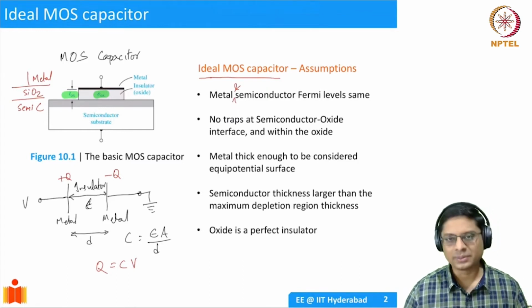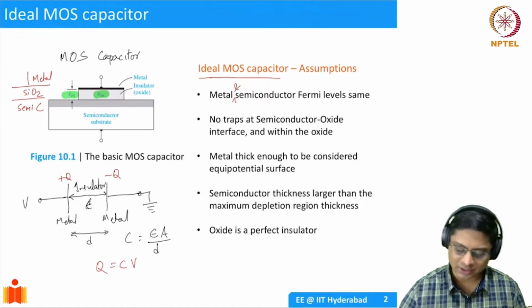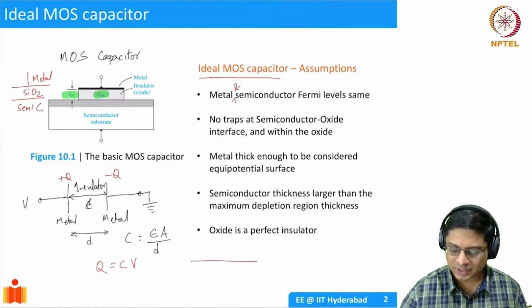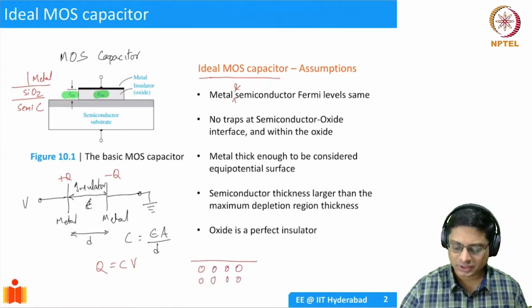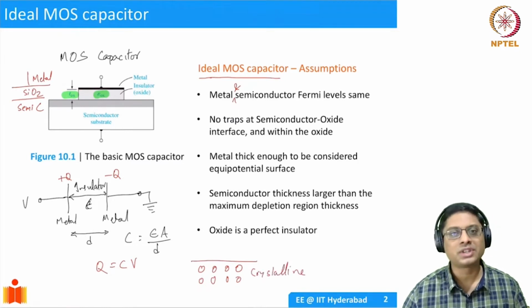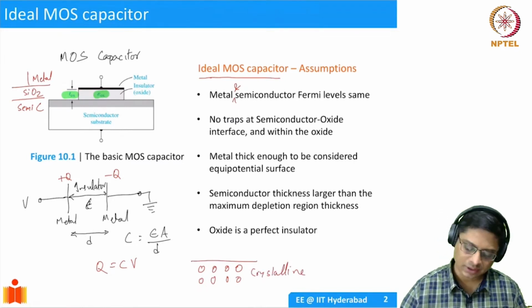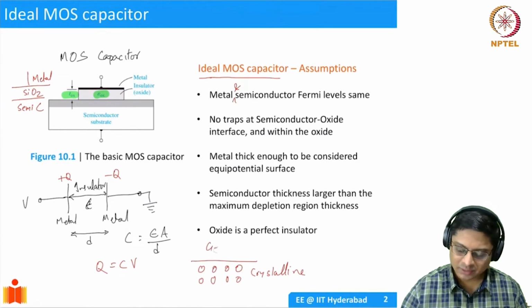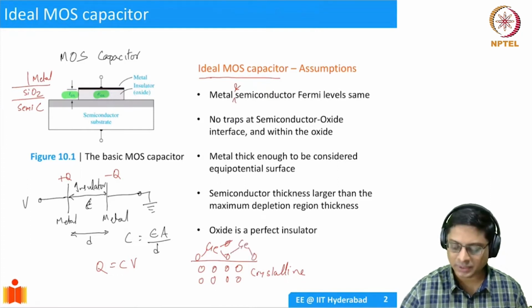By which we mean, let's say you have the crystalline lattice of germanium, which is a perfect crystal. And then you try to grow germanium oxide on top of it. So this is going to be germanium, oxygen, and so on. There will be some germaniums bonded to oxygen, right? This is an amorphous material.